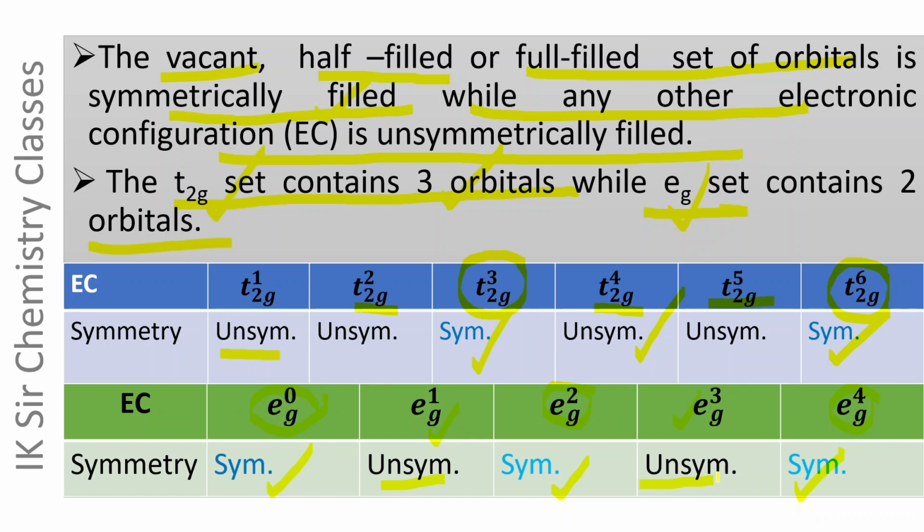We have already seen that the Jahn Teller distortion arises due to unsymmetrical filling up of t2g and eg set of orbitals. The unsymmetrical filling up of t2g set of orbitals causes only slight distortion, while the unsymmetrical filling up of eg set of orbitals causes a strong distortion in geometry of octahedral complex.